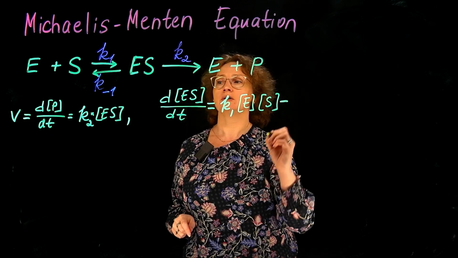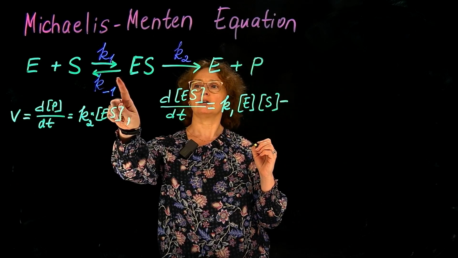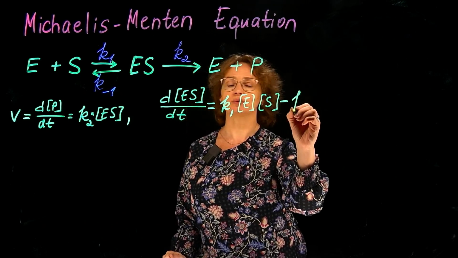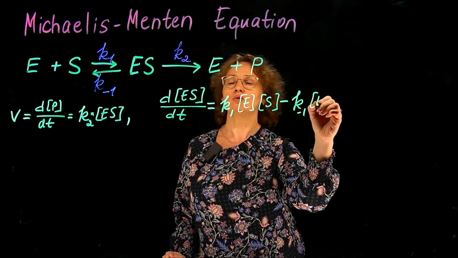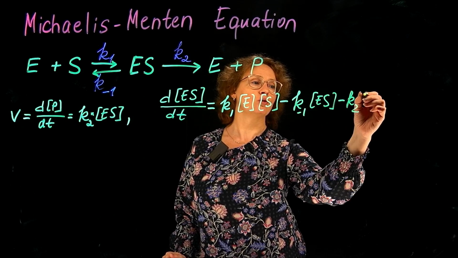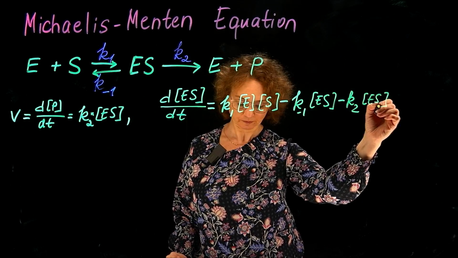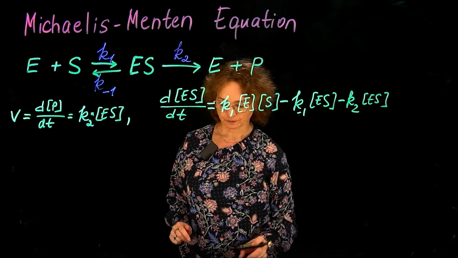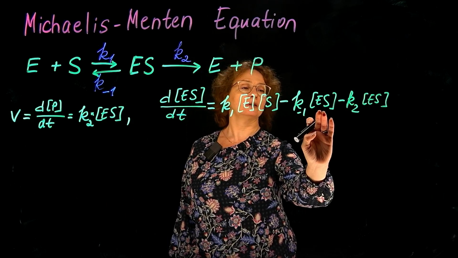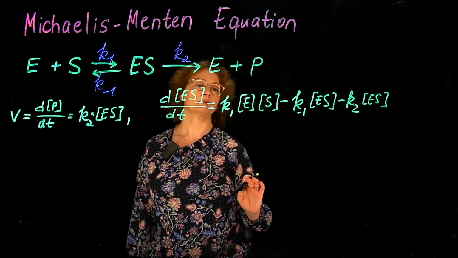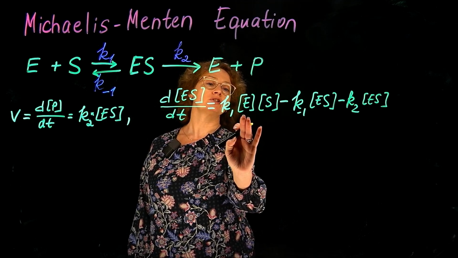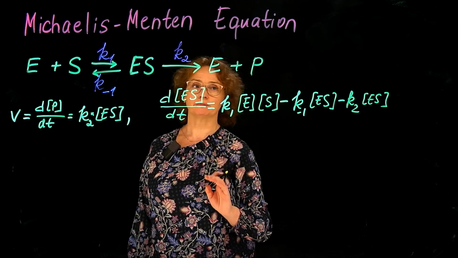The first order reaction will be decomposing the complex back into enzyme and substrate. So we have K minus 1 times ES. And the second will be minus K2 times ES. Okay, so here we already have ES, the concentration of the enzyme substrate complex, but we still have concentration of free enzyme and free substrate.